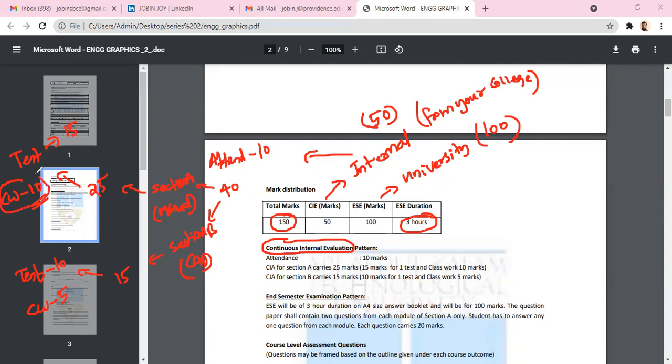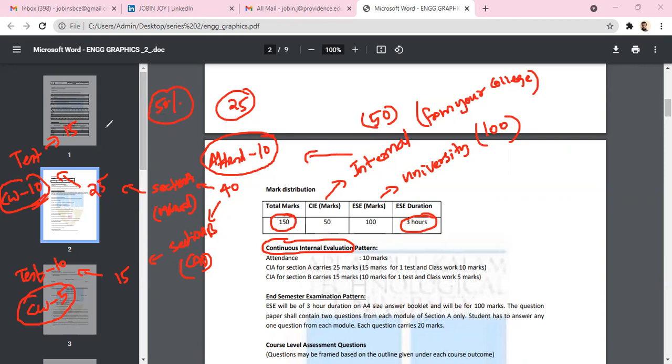Class work 10 plus 5 is 15, plus attendance 10, 25. So easily you will get 50% marks. If you don't get 50% internal, that means that is the problem. Easily you will get 50% marks.